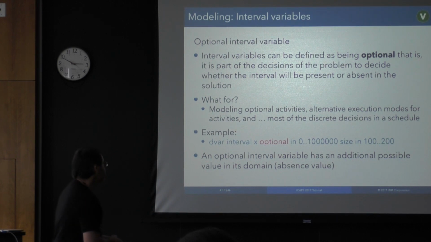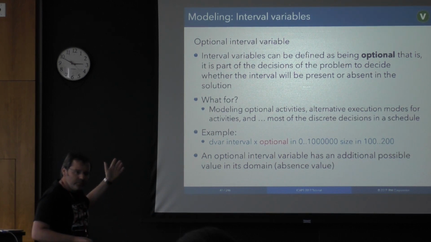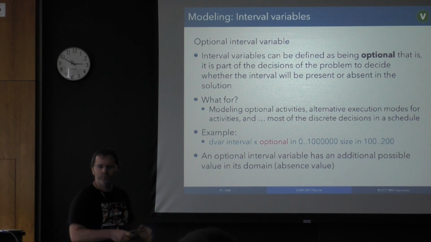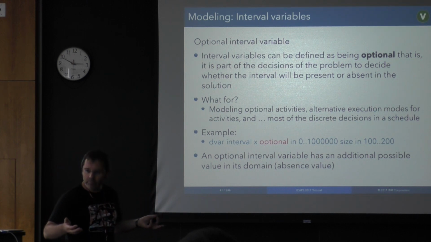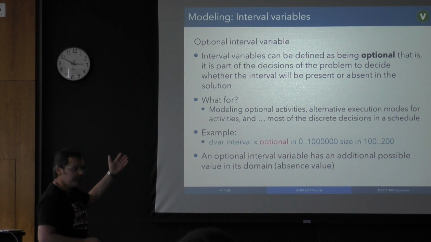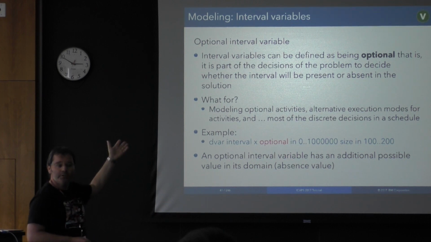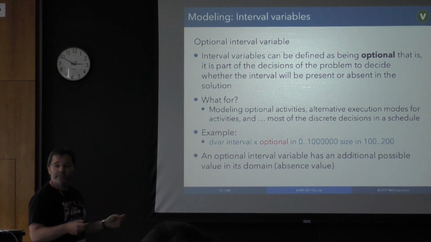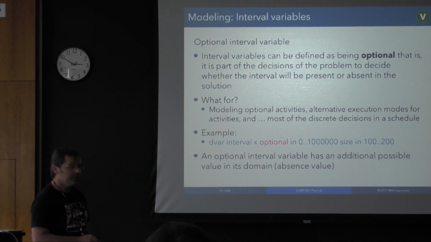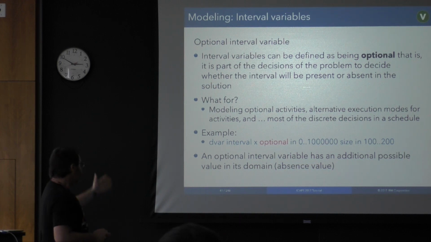Of course, the difference is that here we are a bit more restricted, because we have to start with an envelope of possible interval variables. But it will be part of the decision of the system to decide if an optional interval variable is present or not in the solution. What for?